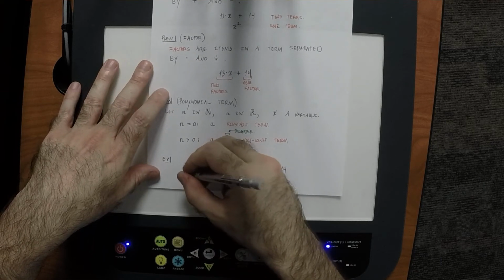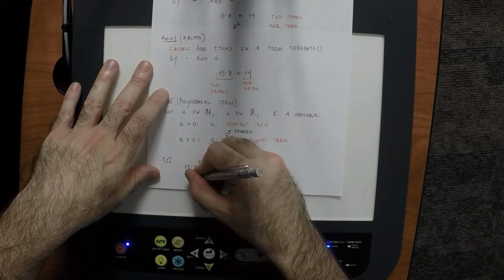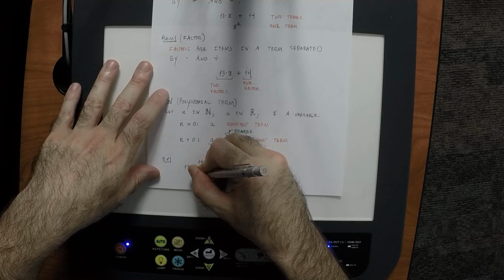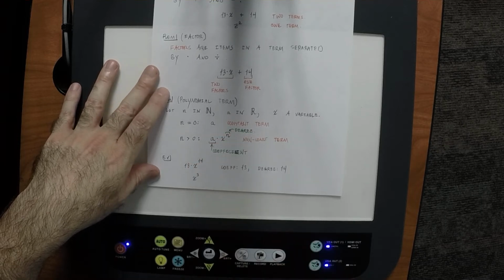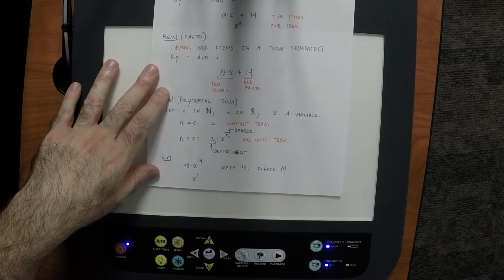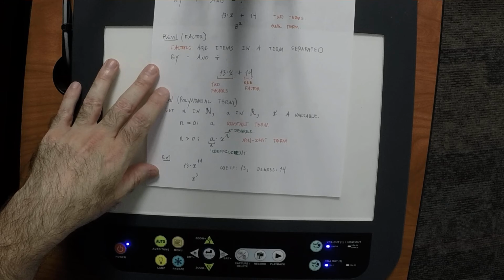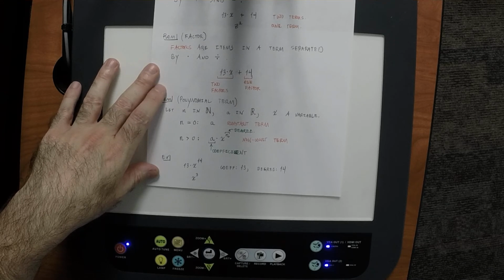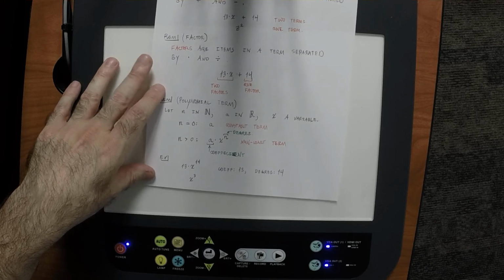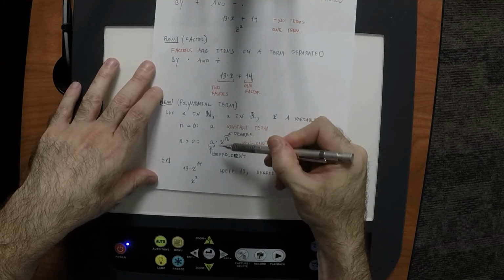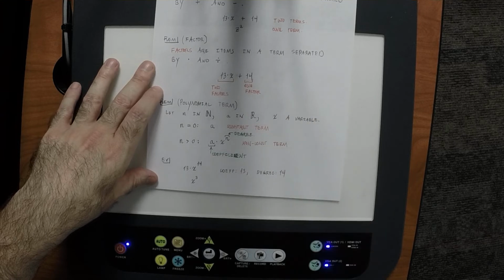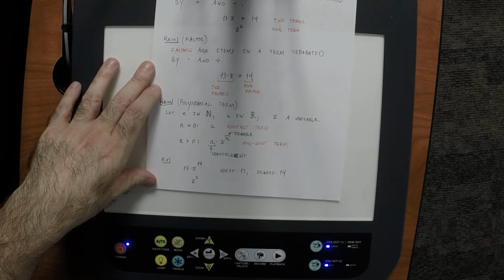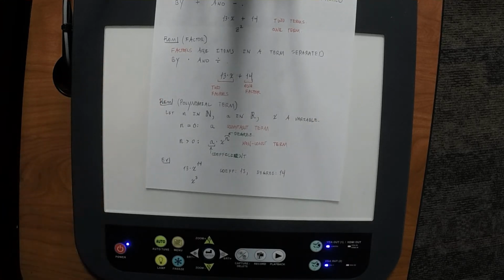Okay, how about say x cubed? Is that a polynomial term? Essentially, you have to ask, does it fit one of these patterns? I sympathize with the no's, but the answer is yes.